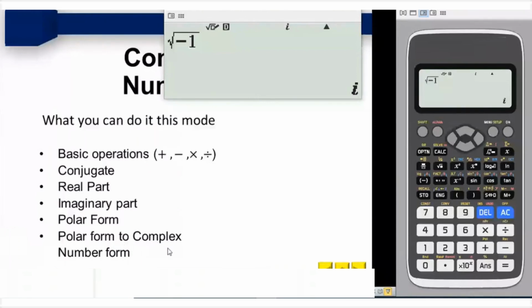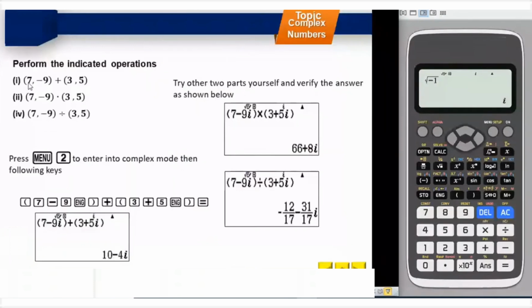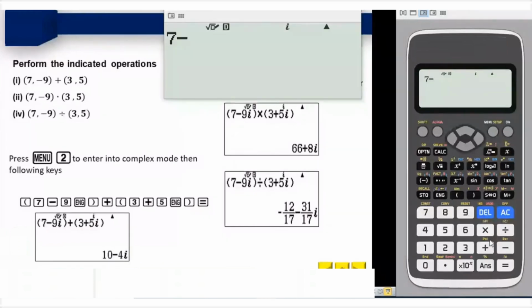So the first thing is perform the indicated operations. 7 comma minus 9 means 7 minus 9 iota. Iota is above this button. When I press this ENG, it will give me iota.